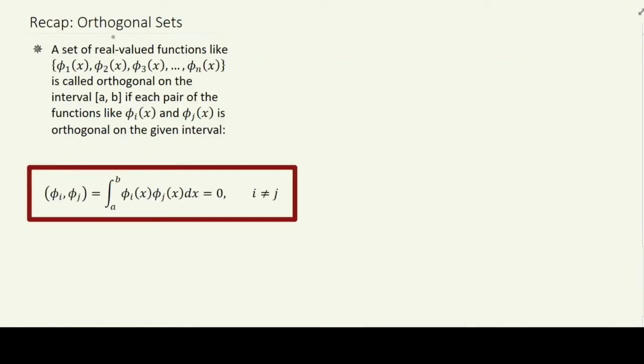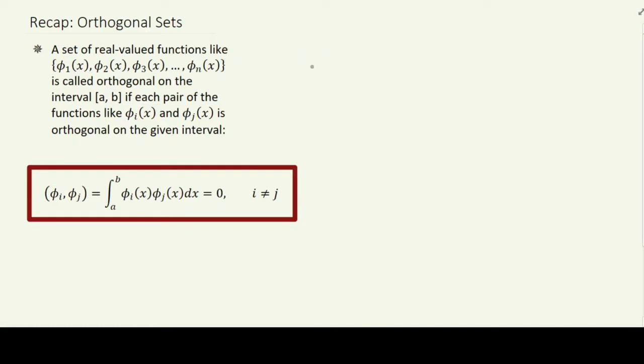Let's start with a quick recap on orthogonal sets. Remember, we said a set of real valued functions like phi1, phi2, phi3 all the way to phi n is called orthogonal on the interval a to b if each pair of the functions like phi i and phi j is orthogonal on that given interval.